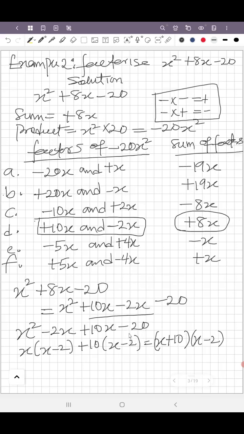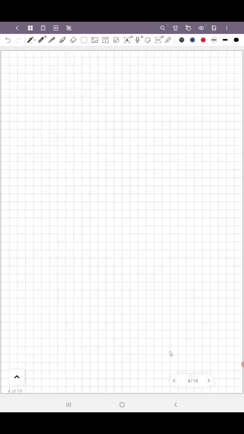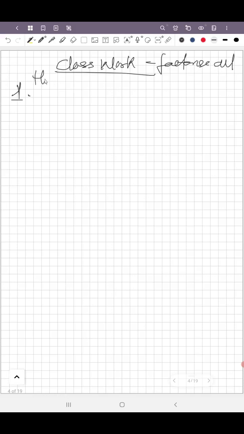So before we go to quadratic equations, let's have a classwork. Question 1, factorize x² plus 13x minus 48.